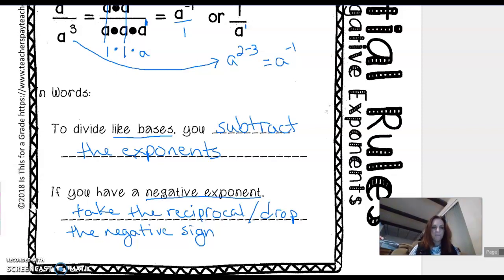Okay, so for example, if I had a to the negative second power, I'm going to take the reciprocal here. I'm going to go 1 over a to the positive second.